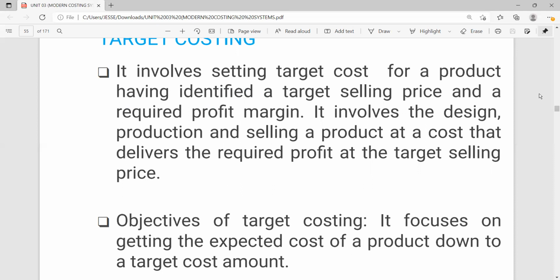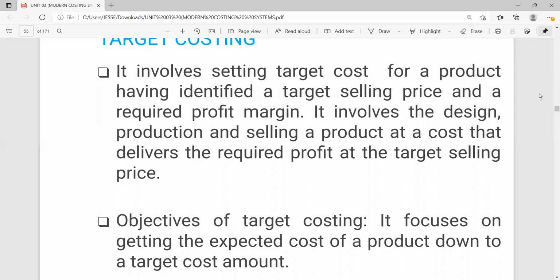And determine the profit that they want to make, and then create a product that would align with that in terms of costs.